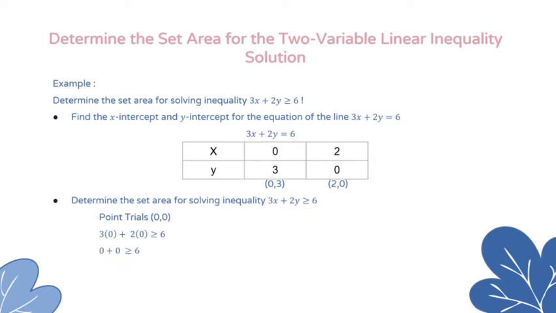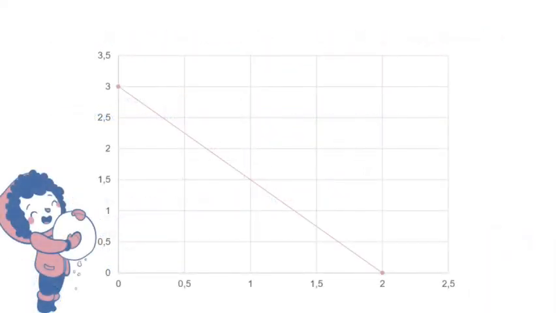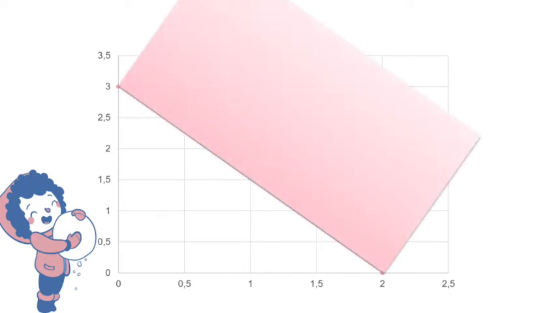Then 0 plus 0 greater than or equal to 6, and finally 0 greater than or equal to 6. This is false, so the solution area is above the line, or to the right of the line. This is the line 3x plus 2y equals 6, and the solution area is to the right of the line.